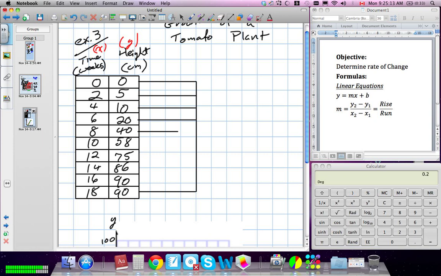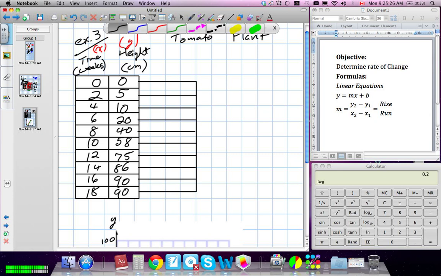So we're essentially finding the top half of our slope formula. Remember, our formula was y2 minus y1. That is first differences. Once you've found the first differences, you've found the top half of the equation for our slope.